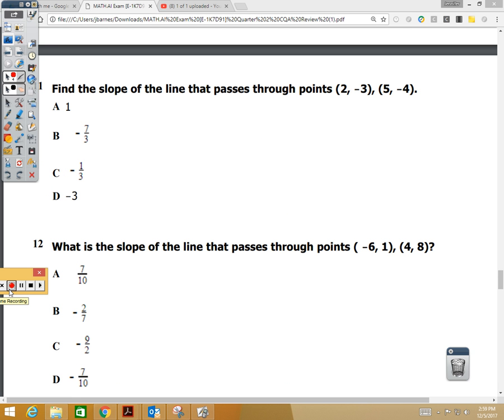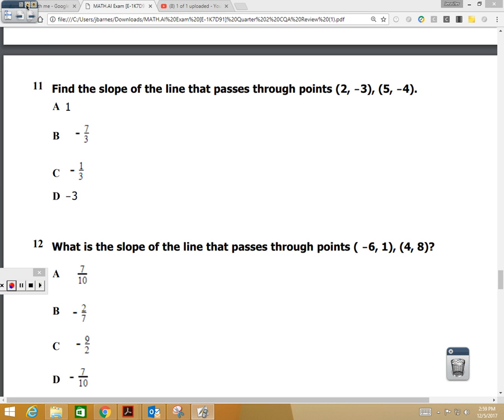Alright, so in question number 11, it wants us to find the slope that goes through those 2 points. Remember the formula, y2 minus y1 over x2 minus x1. Problem 11 and 12 both use that formula.